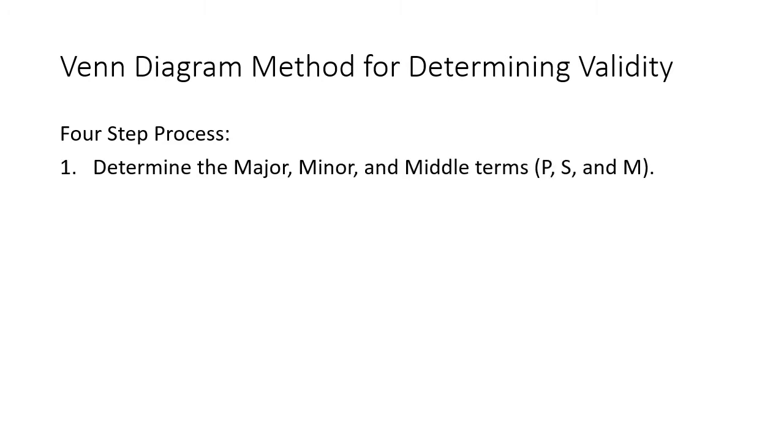So the first step in the process is to determine the three terms, right? So we've got our P, S, and M: major, minor, and middle. And whatever our argument is, we just want to identify the terms. So the major term is the predicate of the conclusion, and it is going to be in one of the premises.